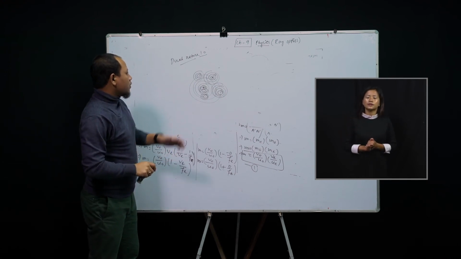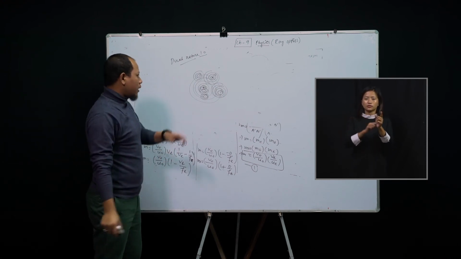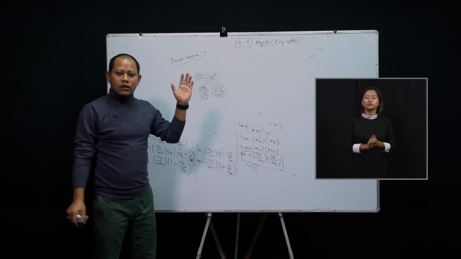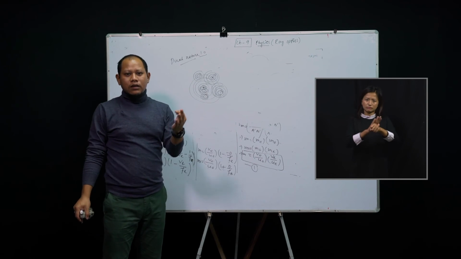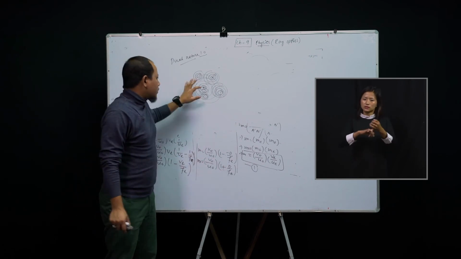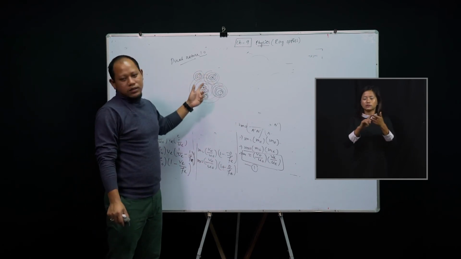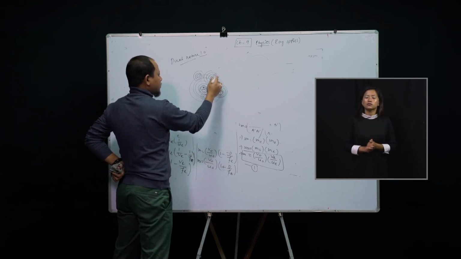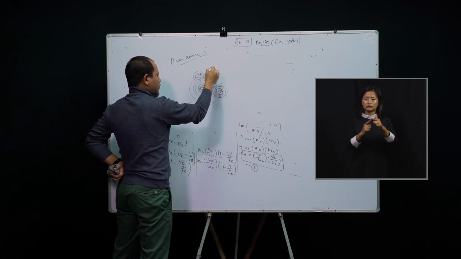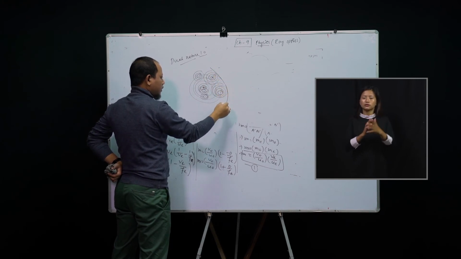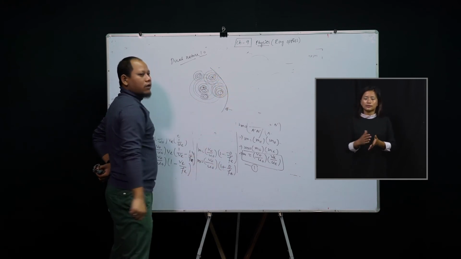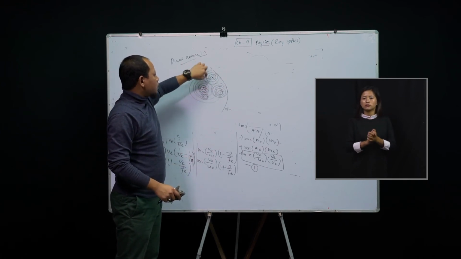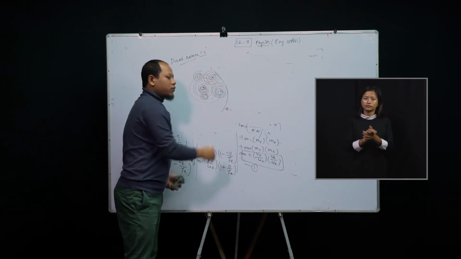So, Huygens' principle states that every point on the wavefront is a new source of disturbance which propagates with the same speed as the original source. Is it clear? And if I draw the tangent of these wavelets, I will get the new primary wavefront.